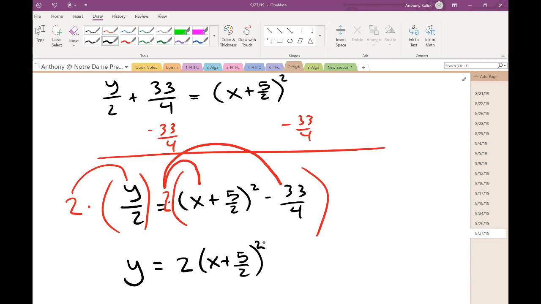And then what do I get when I multiply 2 by 33 over 4? You should be able to do that in your head. If we just reduce the fraction before we multiply, we just end up with 33 over 2.